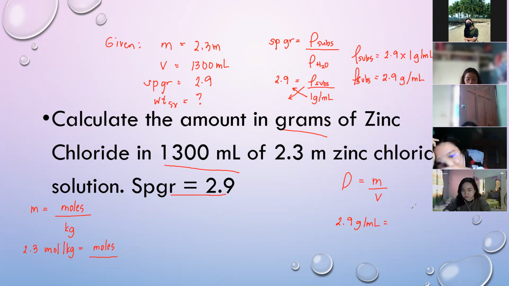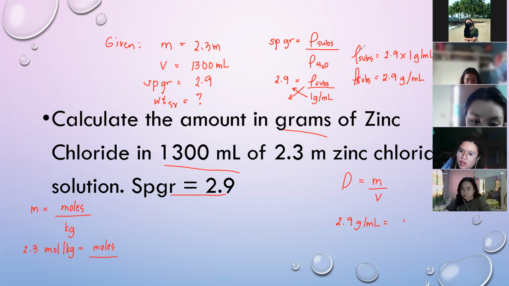Asa na tayo? Grams per ml, mass over volume. Baliktad ata ang ginawa ko. This is mass here, so we will be looking for the mass.